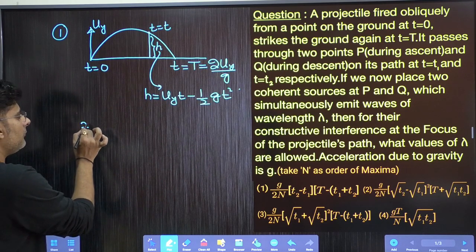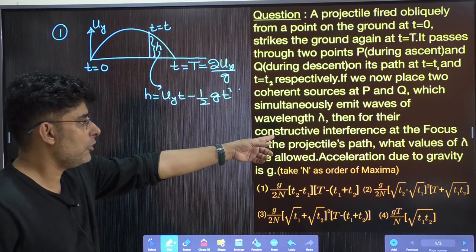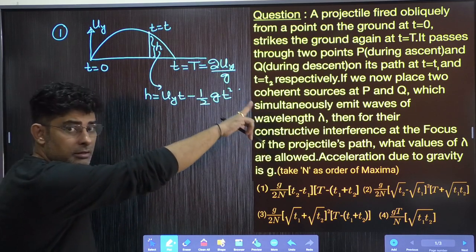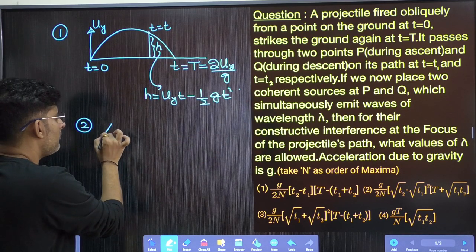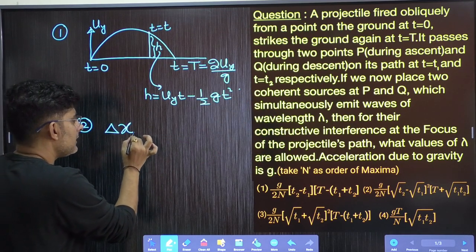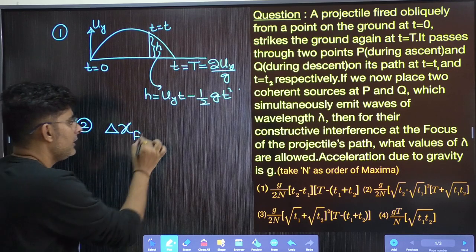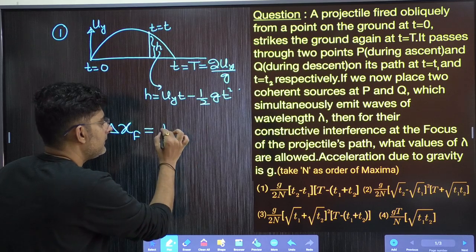The second concept is wave optics, or in general interference of waves. Here they are saying the sources are placed at points P and Q, and the path difference where the interference occurs, that is at the focus, let's call it F, we can write as the difference of the lengths traveled.